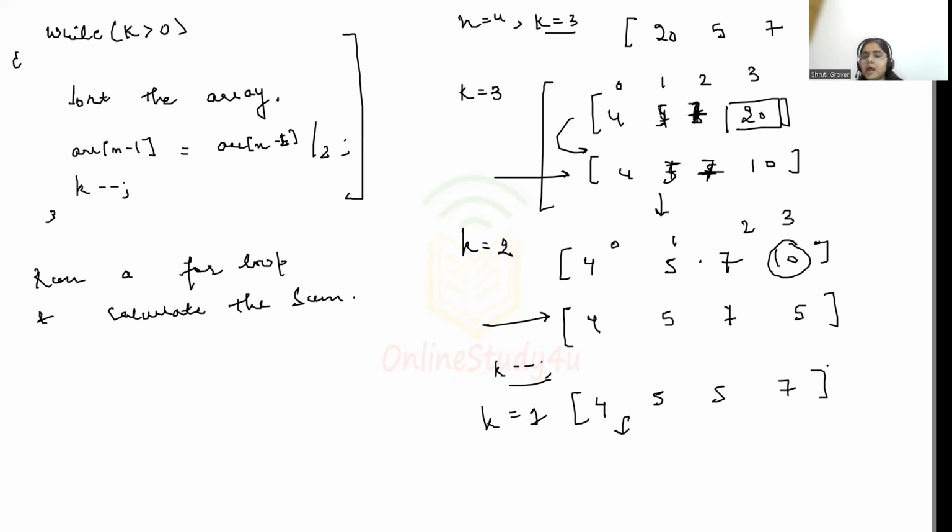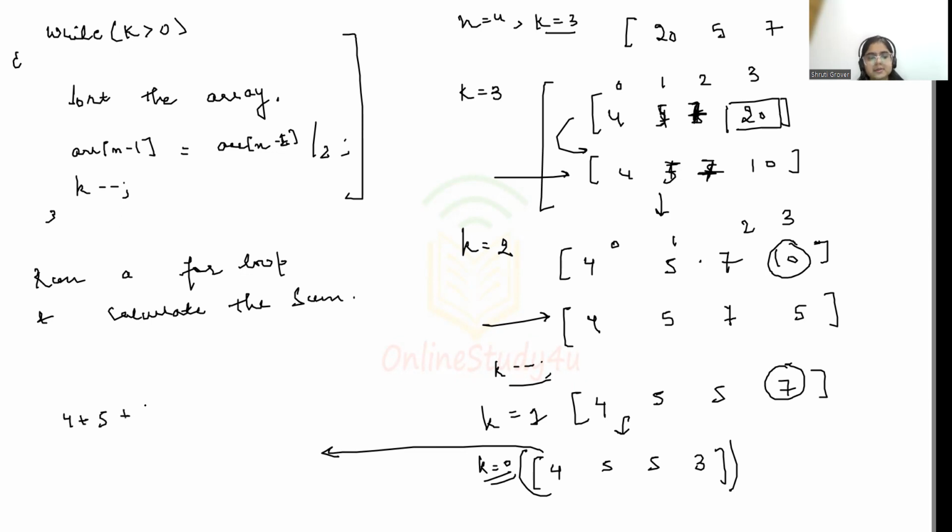And now I'll choose the element which is at last index, that is 7. I'll replace it by 3. So 4, 5, 5, 3. Correct? So this will be my array, and now k will become 0. So now my array is like this. I'll do the sum. Sum will be 4 plus 5 plus 5 plus 3, which will be 17.